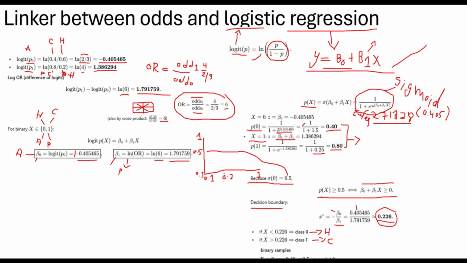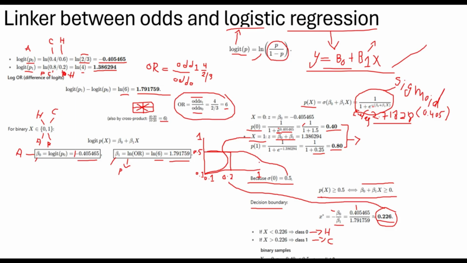This is our decision boundary at 0.5, 50%.